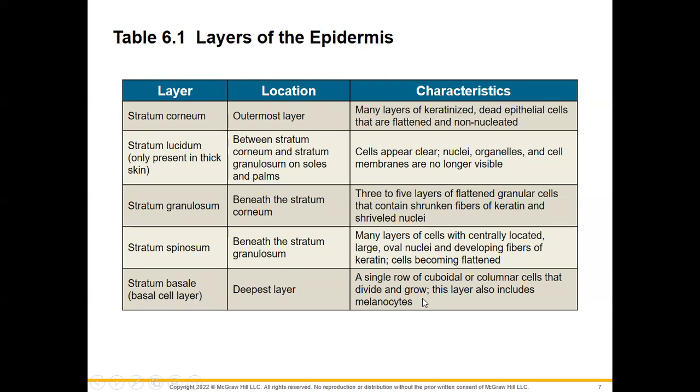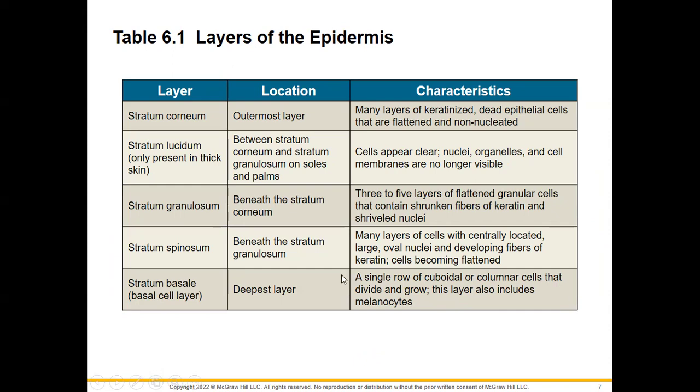So remember last chapter, we said that whenever you have a layer of tissue that is more than one layer, so we had simple squamous and stratified squamous. This is stratified squamous. So when we have that stratified squamous, the deepest layer of cells is not going to look like the most superficial layer.